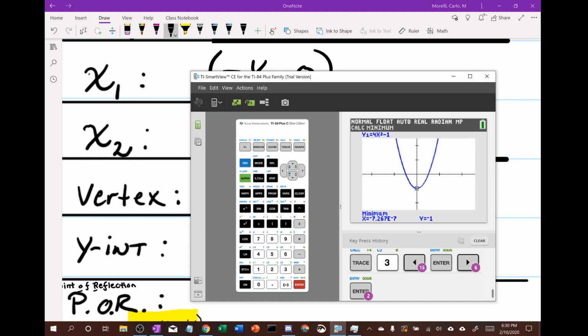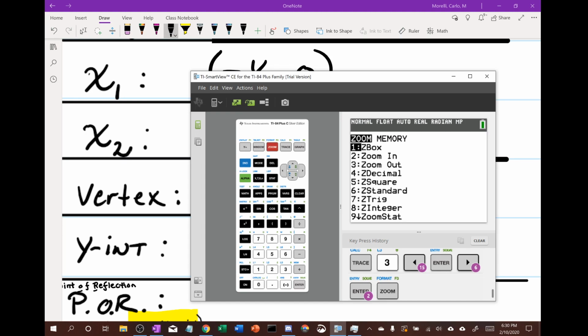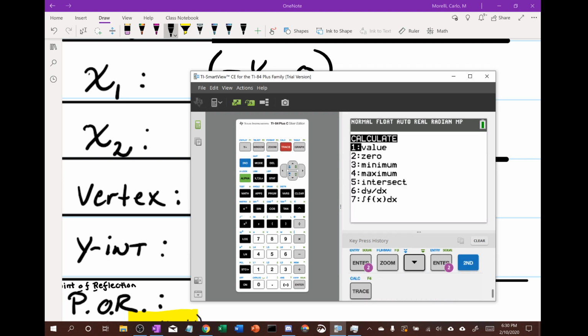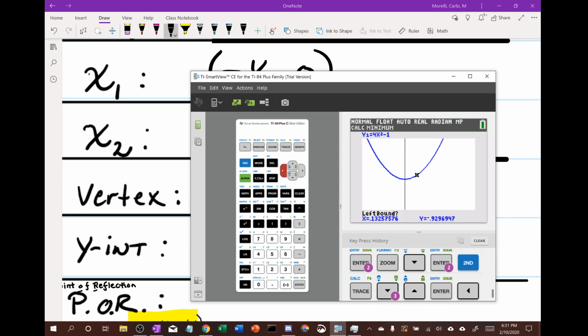That looks really weird. Let me zoom in on that. All right, so what I want to do here is second trace minimum. Go right here. Then I want to go over here. Negative 2.317, comma negative 1. That's not right.